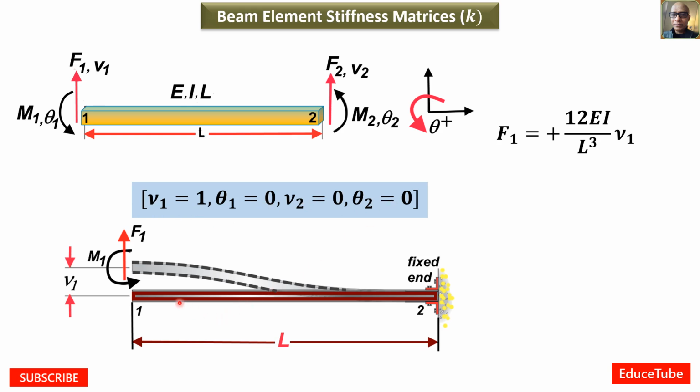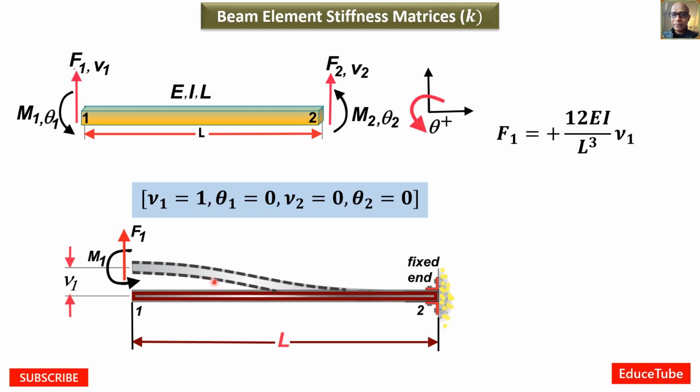And this is the resulting deformed beam. Here node 2 is fixed. If node 1 of the member is displaced relative to node 2, the chord of the member rotates anti-clockwise. You can see that.